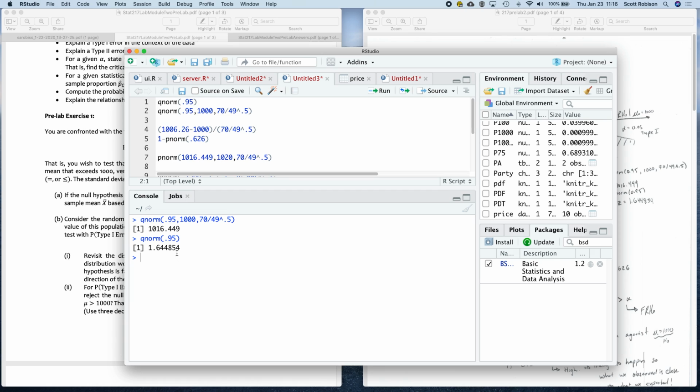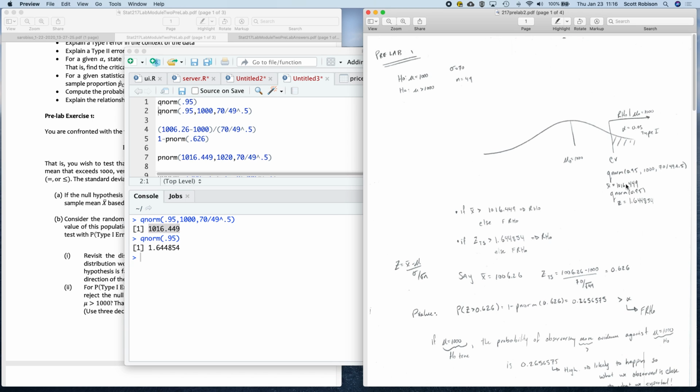So when you're talking about z-scores, the z critical value is 1.644854. And the x-bar critical value, which is really the same point, is just talking in terms of x-bars, what is a rejection and what is not. Okay, so we can have critical values either in terms of x's, or x-bars, or in terms of z.